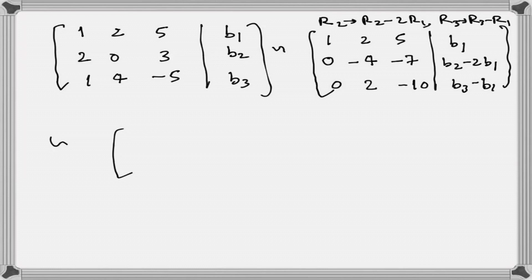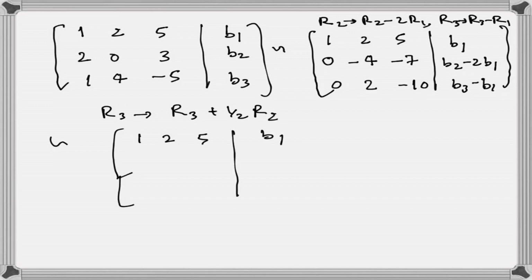Here we'll use the operation r3 plus 1/2 r2, and then we get 1 2 5 b1, 0 minus 4 minus 7 b2 minus 2b1, and 0, this is 0. Then minus 10 minus 7 by 2, so it's minus 10 minus 7/2 is minus 27/2.